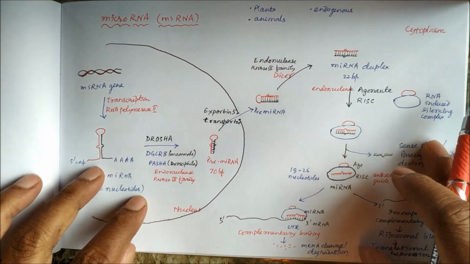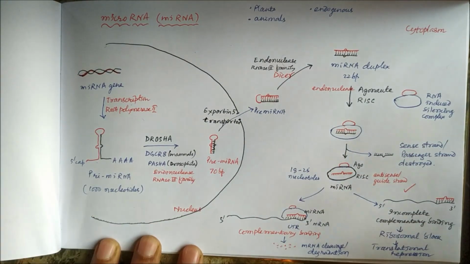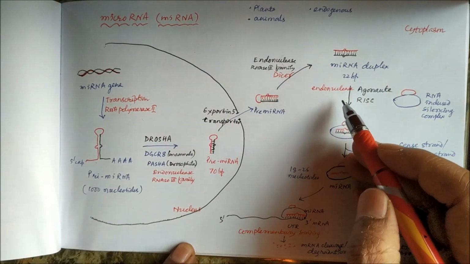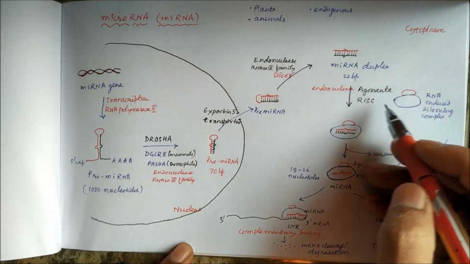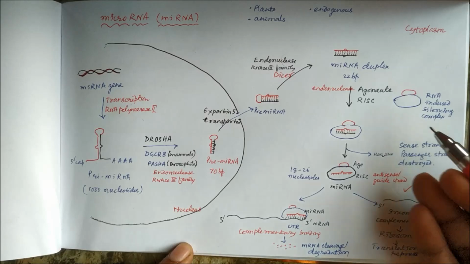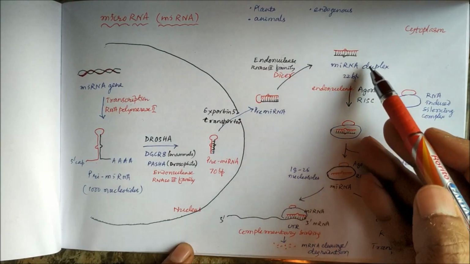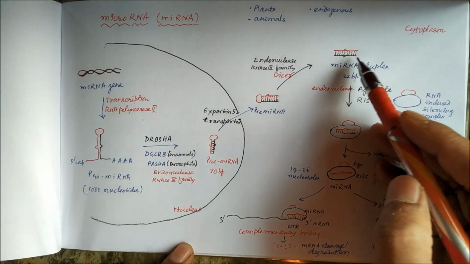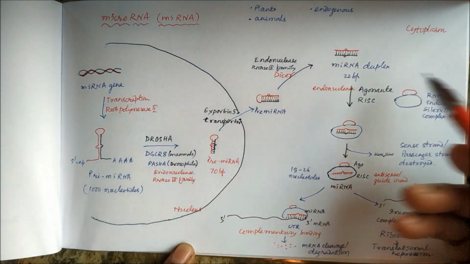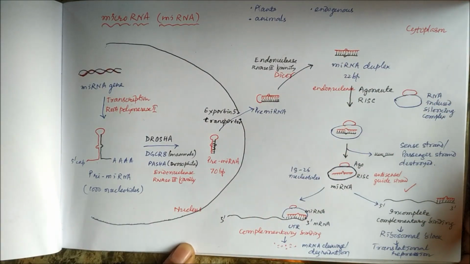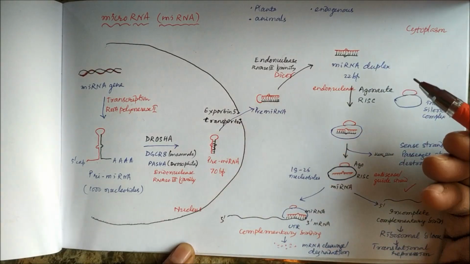and we get this microRNA duplex with 22 base pairs. Then another endonuclease called Argonaute binds to this duplex, and this microRNA duplex has 2 strands. One is called the sense strand and the other is called the antisense strand.